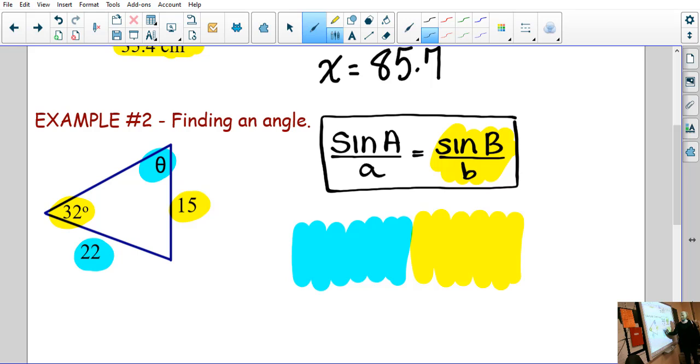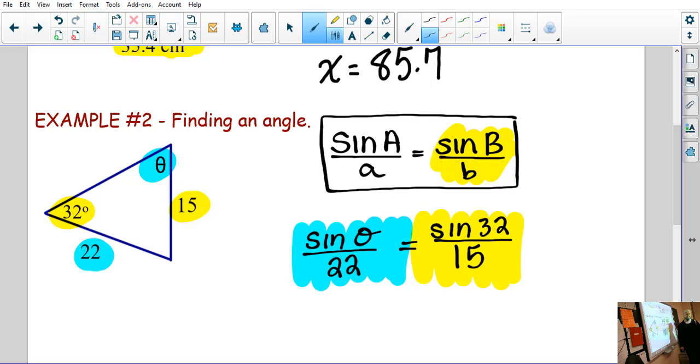So this time I don't know the angle, and they just called it theta, so I'm going to call it sine theta. Its partner is the 22. Then its angle first, so I'm going to say sine of 32, and it goes with the 15. So everything goes in partners with law of sines.